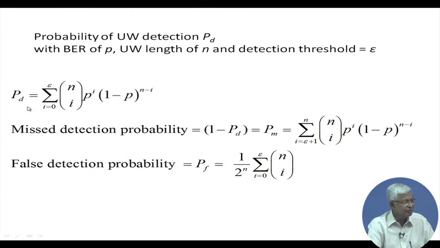The misdetection probability is 1 minus the detection probability, that is, the sum from epsilon plus 1 to n of nCi p^i (1-p)^(n-i), and the probability of false detection is 1 by 2^n times the sum over i equal to 0 to epsilon of nCi.